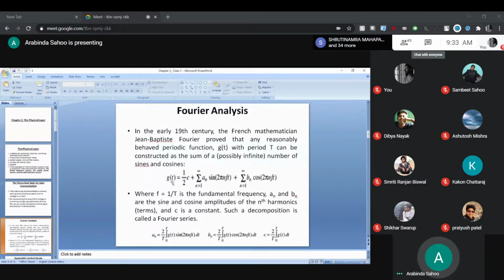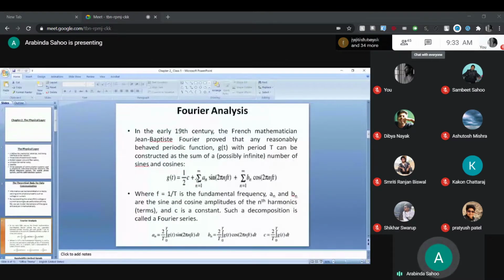You can write g(t) = 1/2 c + summation from n = 1 to infinity of a_n sin(2 pi n f t) + summation from n = 1 to infinity of b_n cos(2 pi n f t).